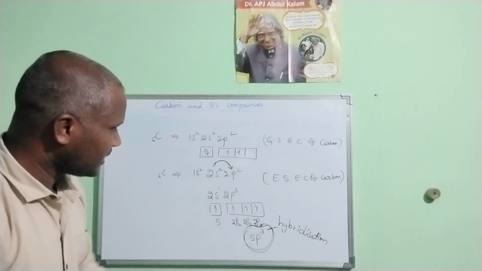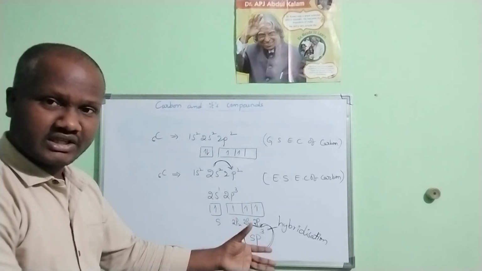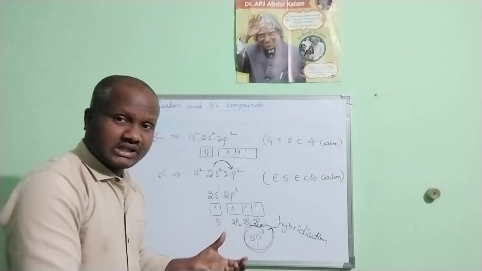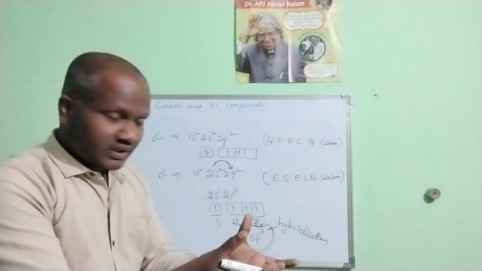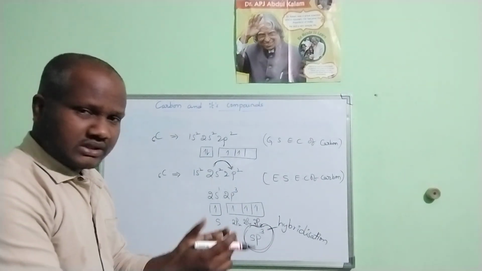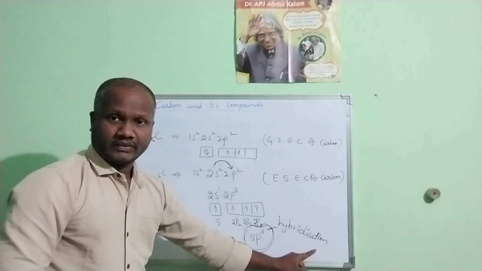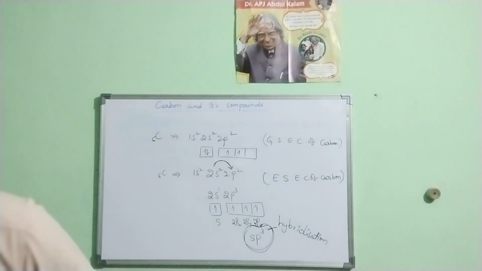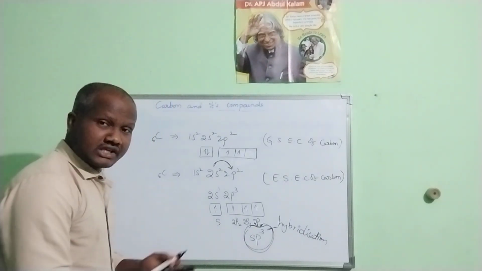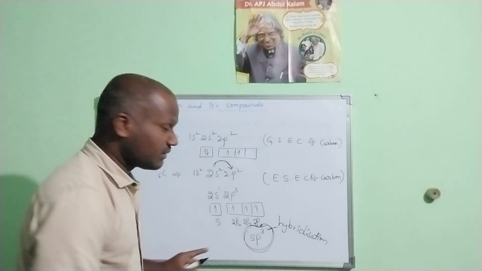In sp3 hybridization, one s orbital and 3 p orbitals reshuffle to form an equal number of hybrid orbitals, which is called hybridization. We will discuss examples of sp3, sp2 and sp hybridization with the carbon atom.